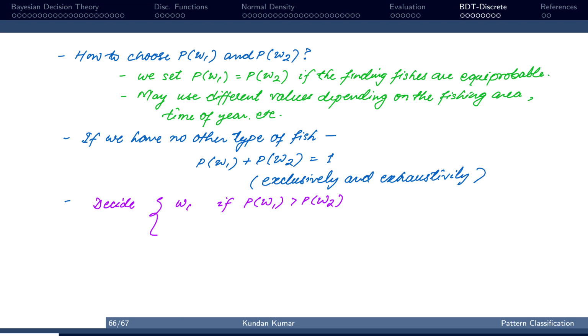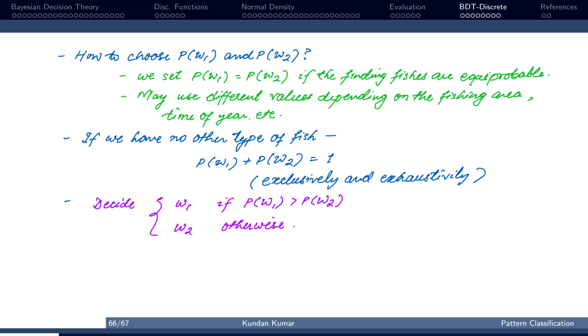That means we will find that the fish is sea bass if the prior probability of sea bass is greater than the prior probability of salmon, and we will consider it as omega 2 otherwise. So this is the decision rule based on the prior information.